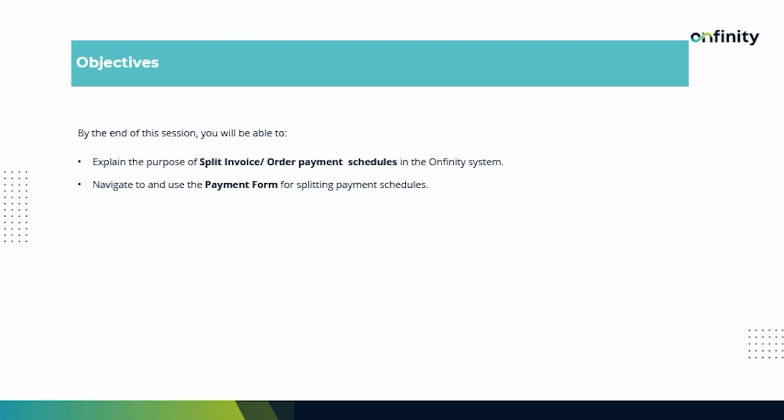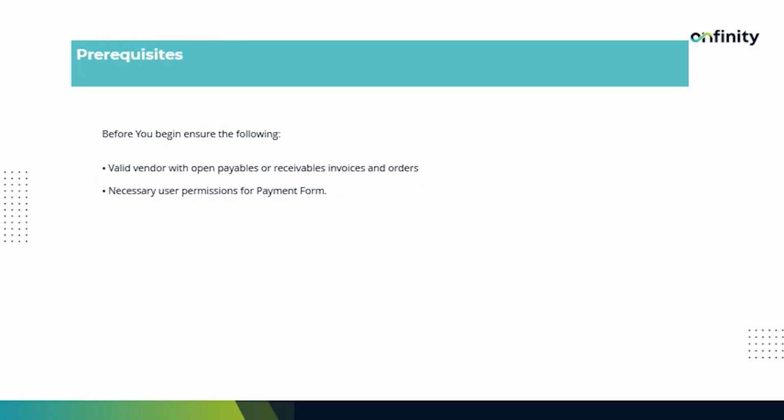Navigate to and use the payment form for splitting schedules within the Onfinity system. This form provides the flexibility to create or split invoice and order schedules, even after completing the original transactions.